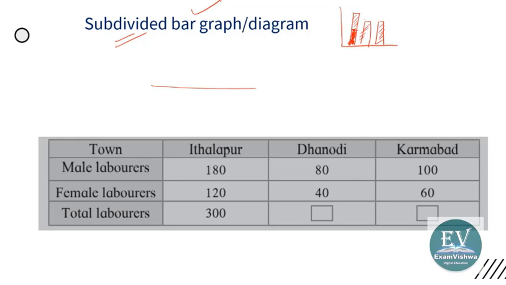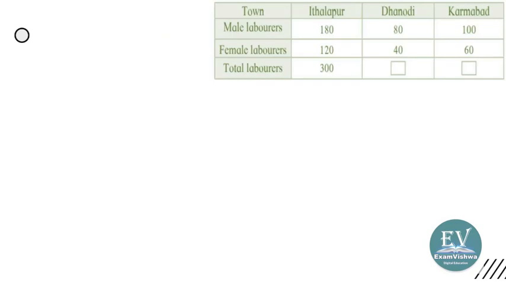The data is given here. More important is data. From the data, we have to create a subdivided bar graph. So for that, we should have the data again. The data tells us that you have to fill up here 80 plus 41, 20, 100 plus 60.